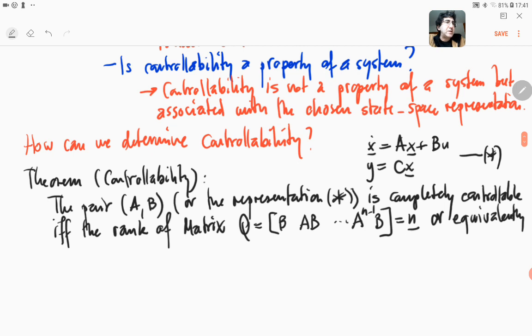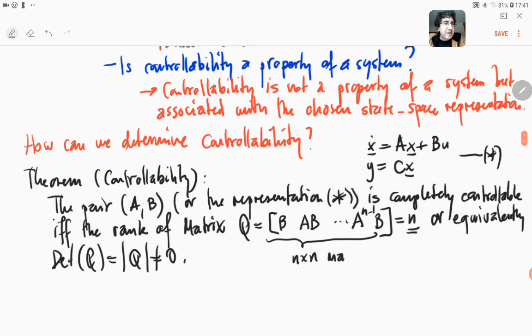By the way, n here is the order of the system, the number of states in the system. Or equivalently, the determinant of Q is different from 0. Q is an n by n matrix, so this matrix being full rank means that its determinant is not equal to 0. So that is a test for controllability, known as the controllability theorem.